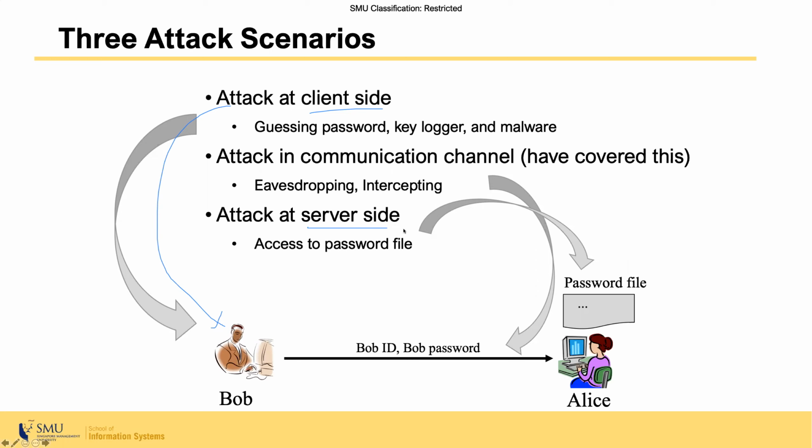And attack at server side could happen when somebody has access to the password file at the server side. In the upcoming slides, we will discuss in detail those attacks at client side and server side, and what the possible ways are to prevent against those attacks.